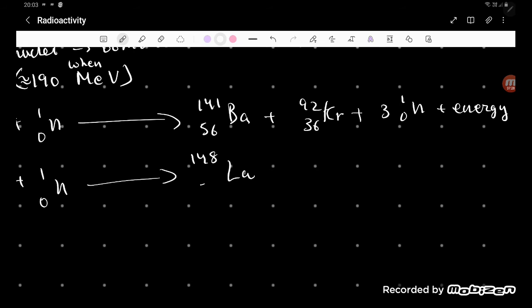We get lanthanum 57 plus bromine 35 85 plus 3 neutrons plus energy.